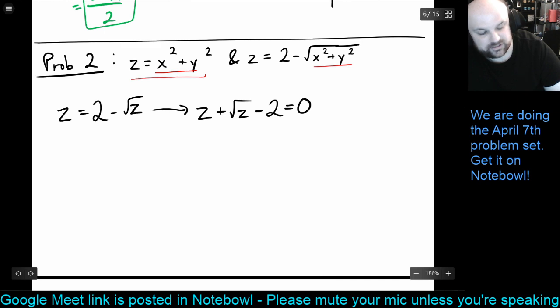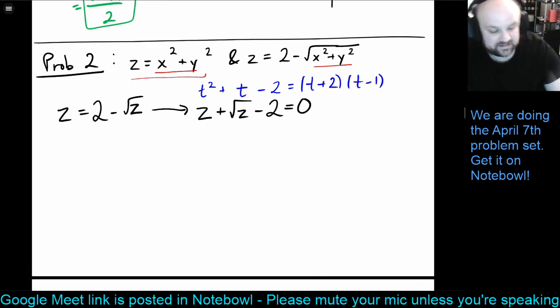So this equation right here is a quadratic equation, if you think about it in the right way. I'm going to replace square root of z with t, and then if t is square root of z, then z is t squared. Right? And to factor that, I get t plus 2, t minus 1.